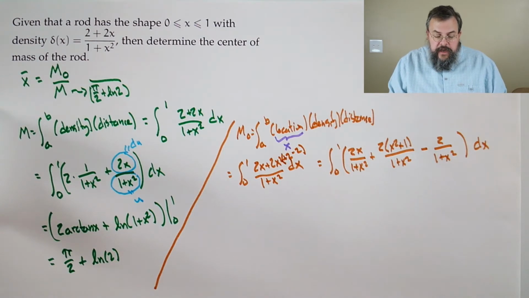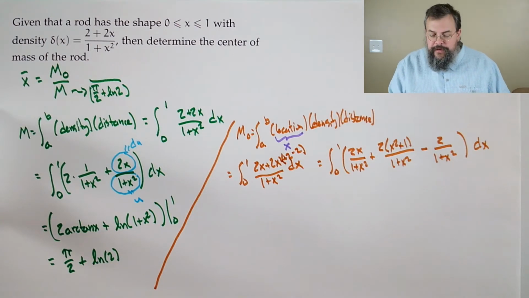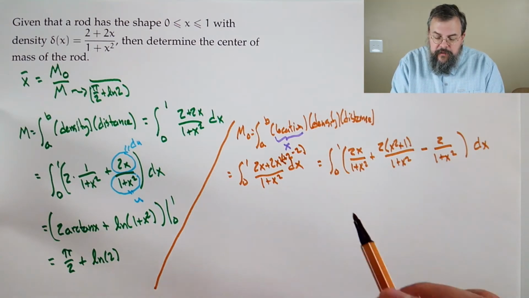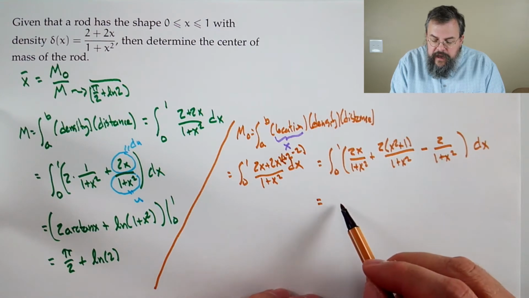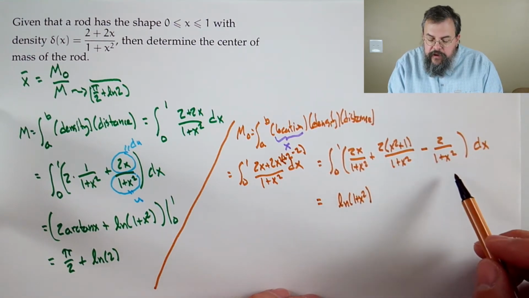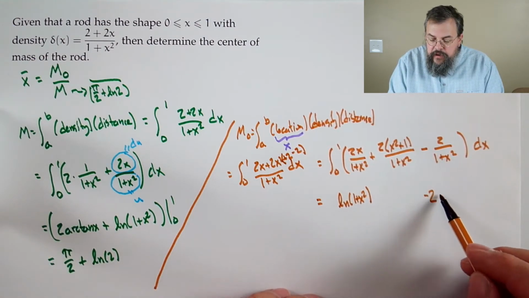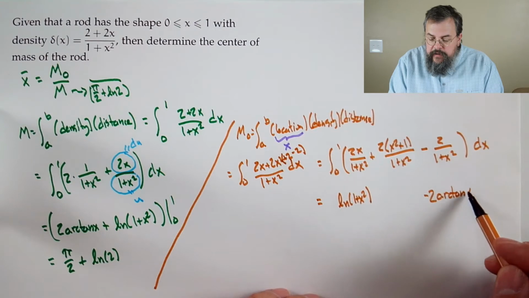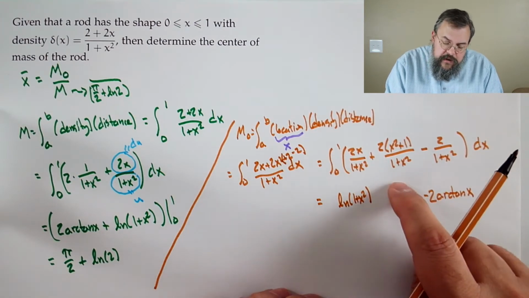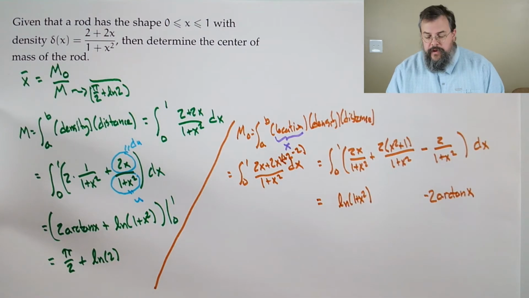Now, in this setting, we see that certain pieces are pretty easy because they're just like what we did before. For instance, this first term is the natural log of 1 plus x squared. The last term is like what we had here: it's the minus 2 arctangent of x. Then there's this middle term. How do we handle that?